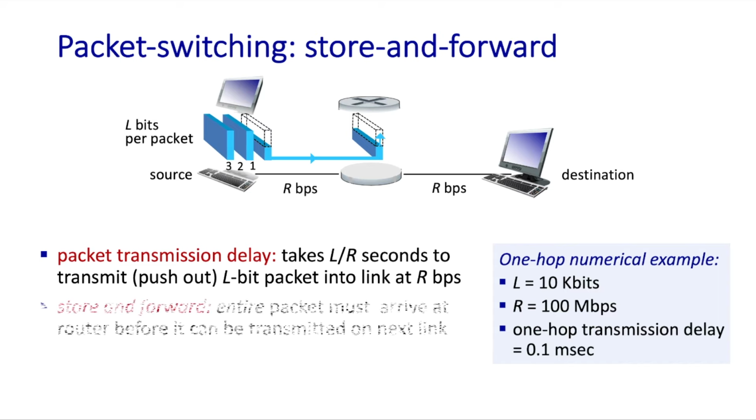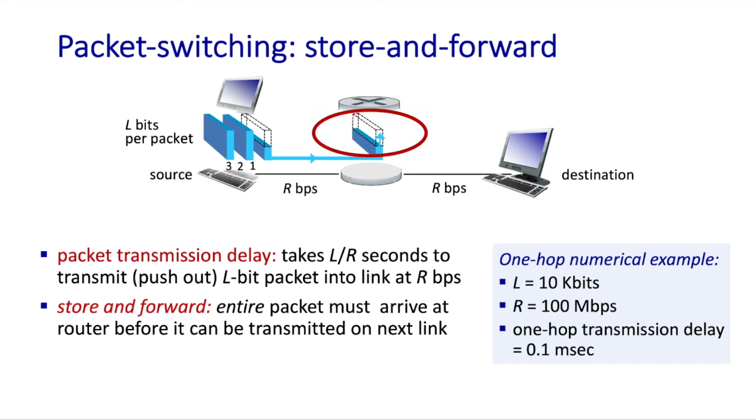Transmitted bits will be received and gathered up at the receiving end of a link until the full packet has been received. You can see the bits in the packets being gathered up here. Once the packet's been fully received, it can then be forwarded onto the next hop, and so on. This is what's known as the store and forward operation of a packet switch network.